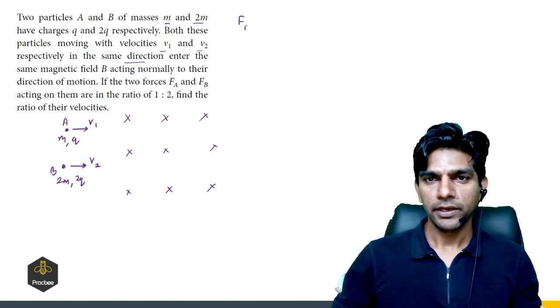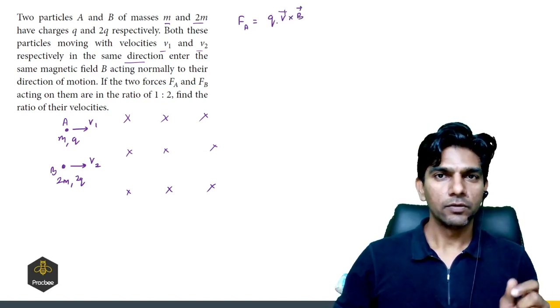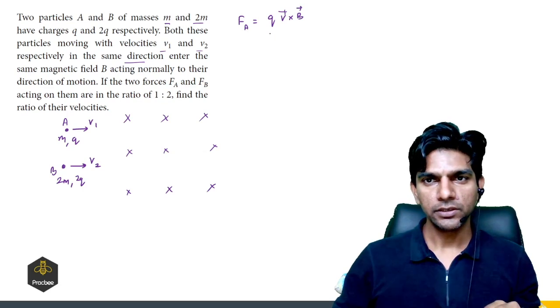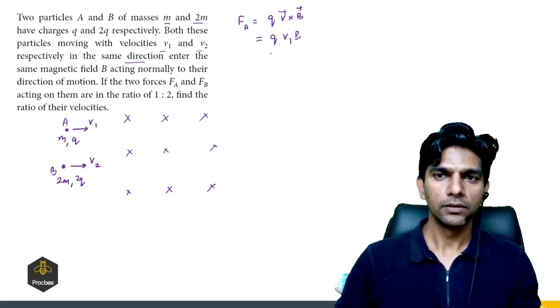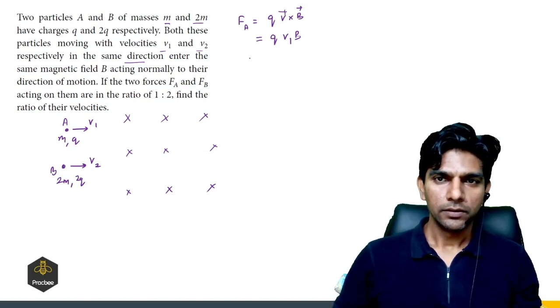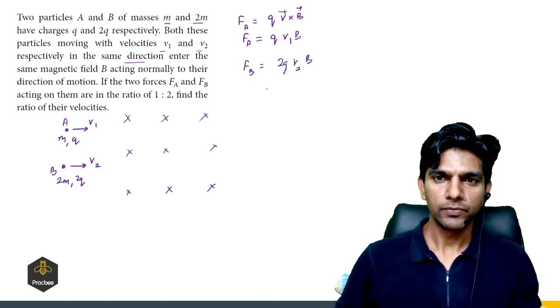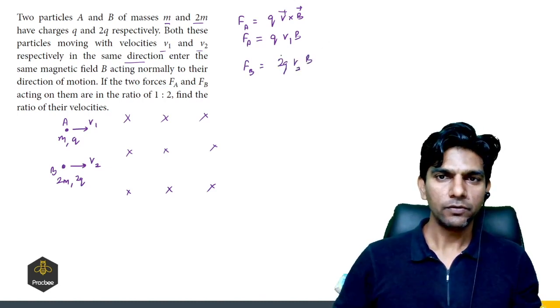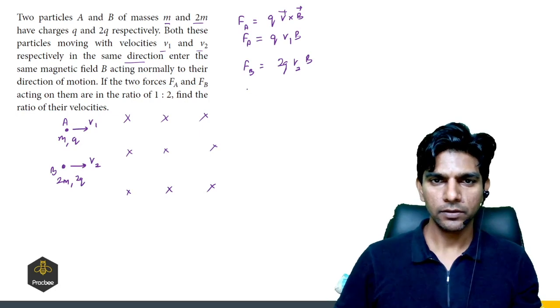Now force on A will be q v cross B. Since velocity and magnetic field are perpendicular to each other, we can write this as q v1 B. So this is Fa, and Fb can be written as 2q v2 B. Now from this we can find the ratio of velocities.